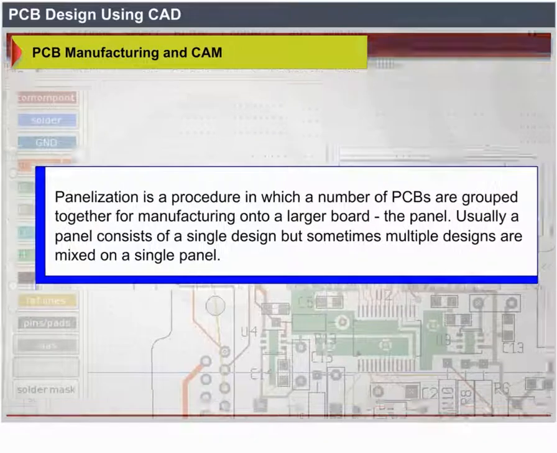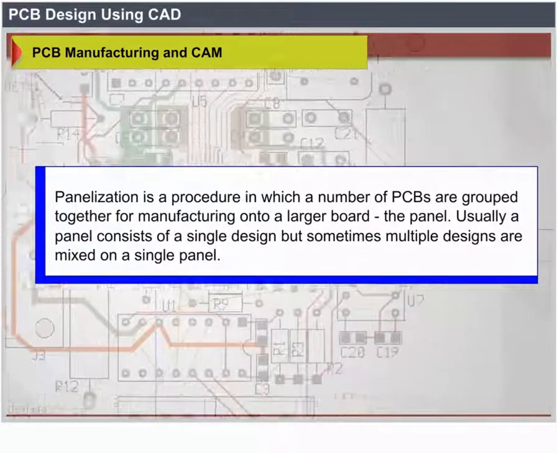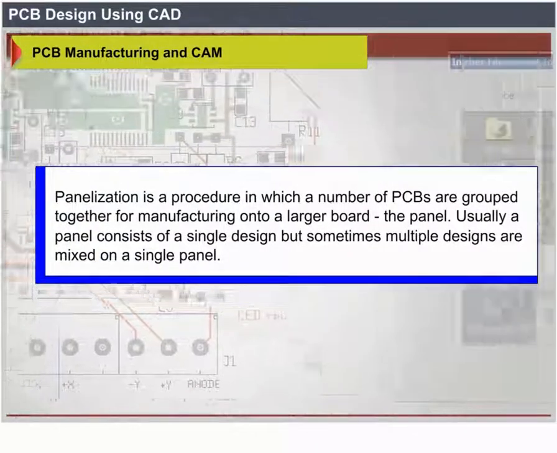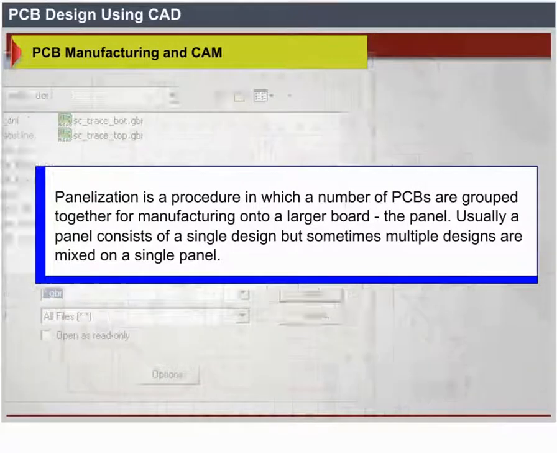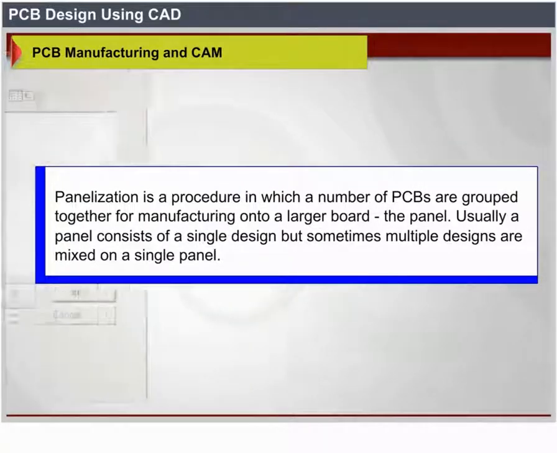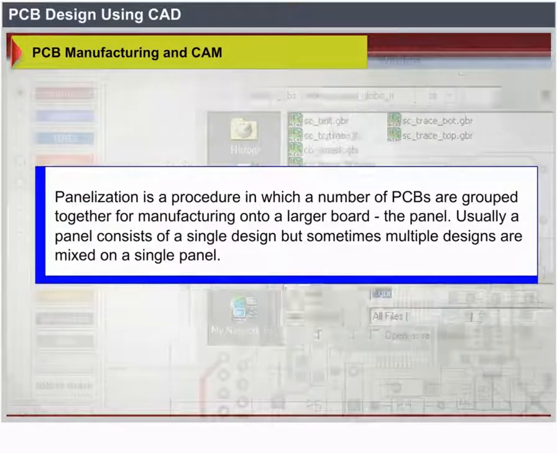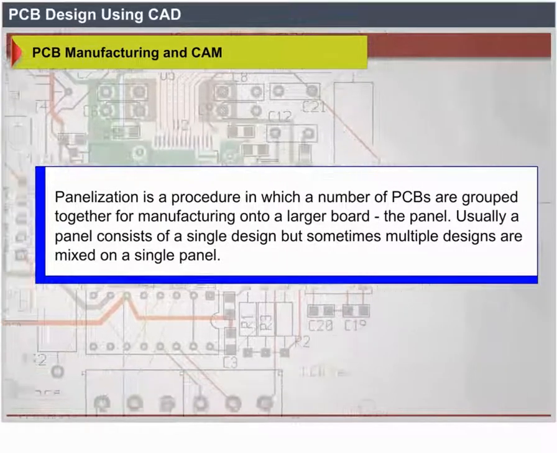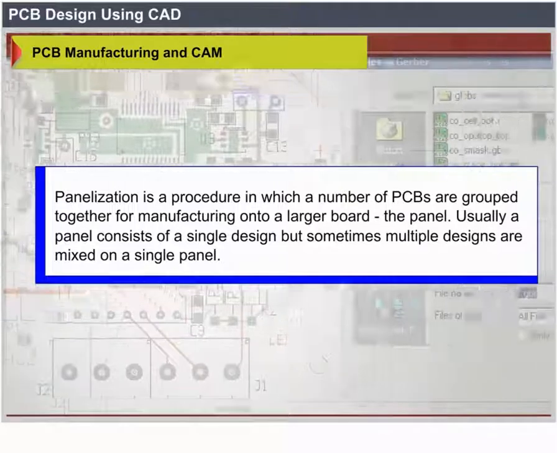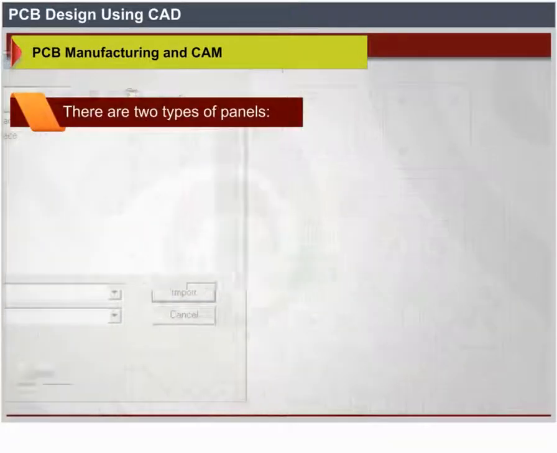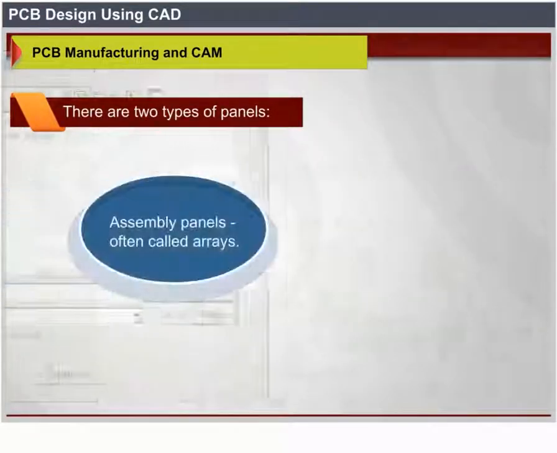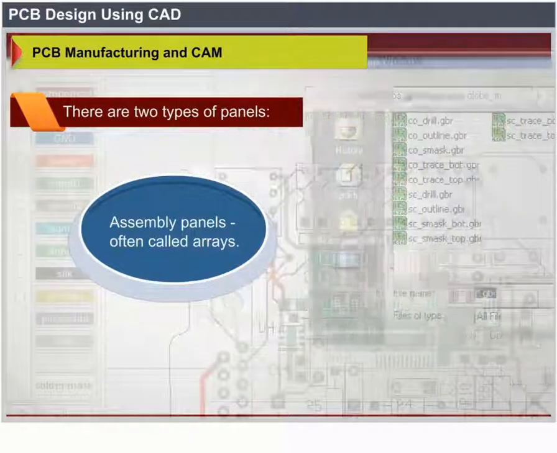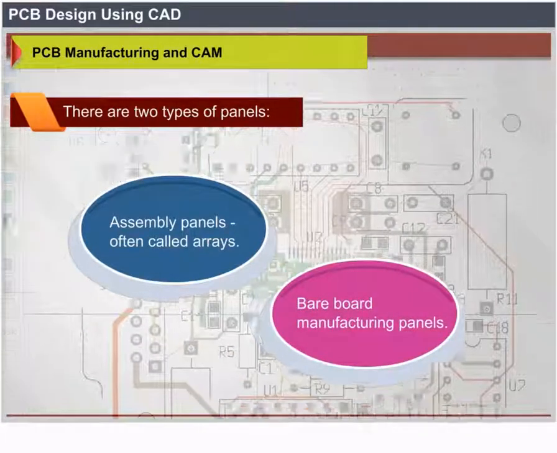Panelization. Panelization is the procedure whereby a number of PCBs are grouped for manufacturing onto a large board, the panel. Usually, a panel consists of a single design, but sometimes multiple designs are mixed on a single panel. There are two types of panels: assembly panels, often called arrays, and bare board manufacturing panels.